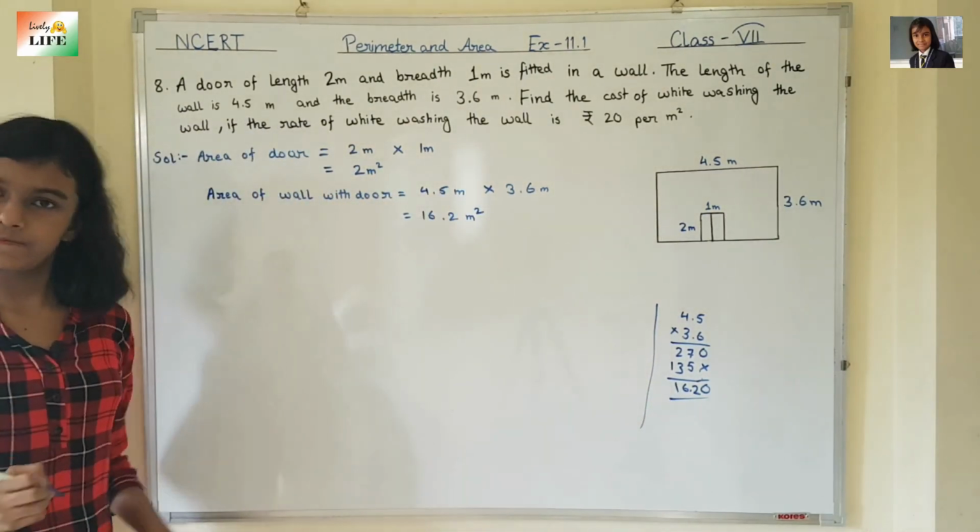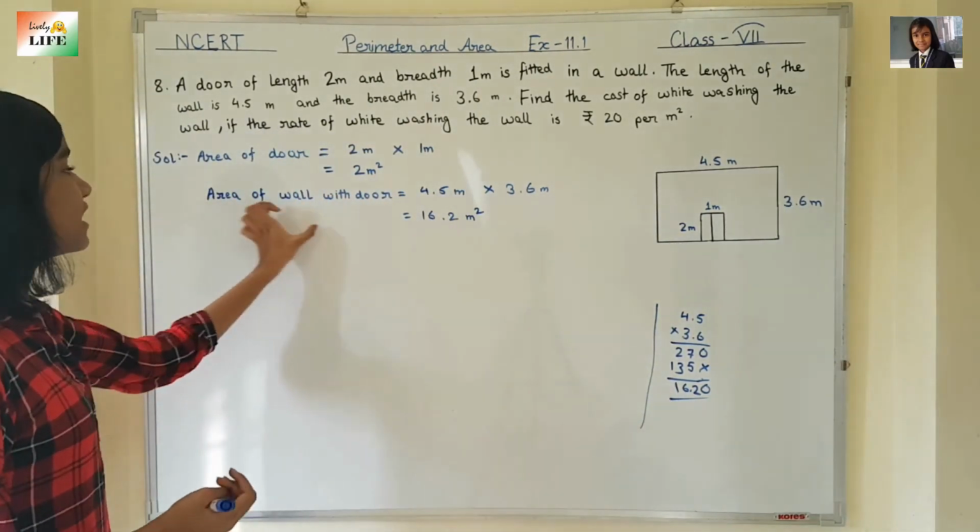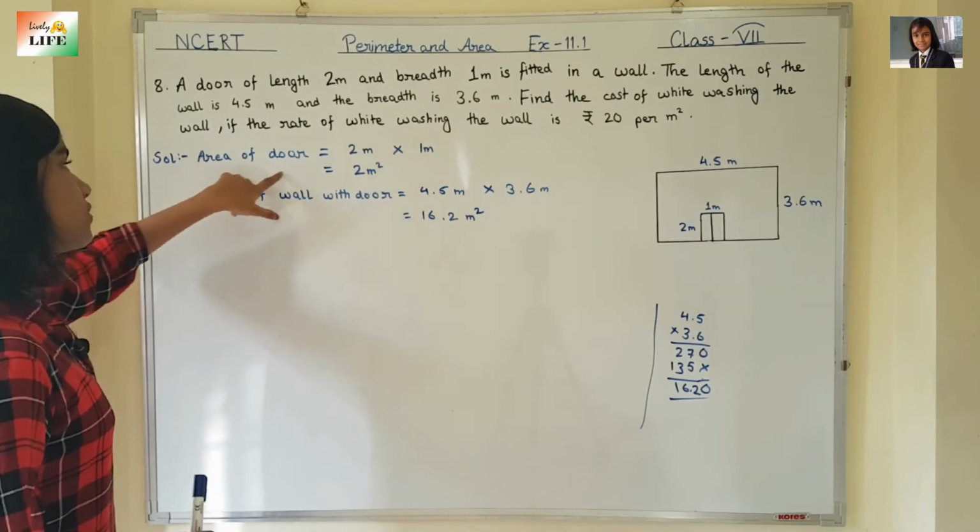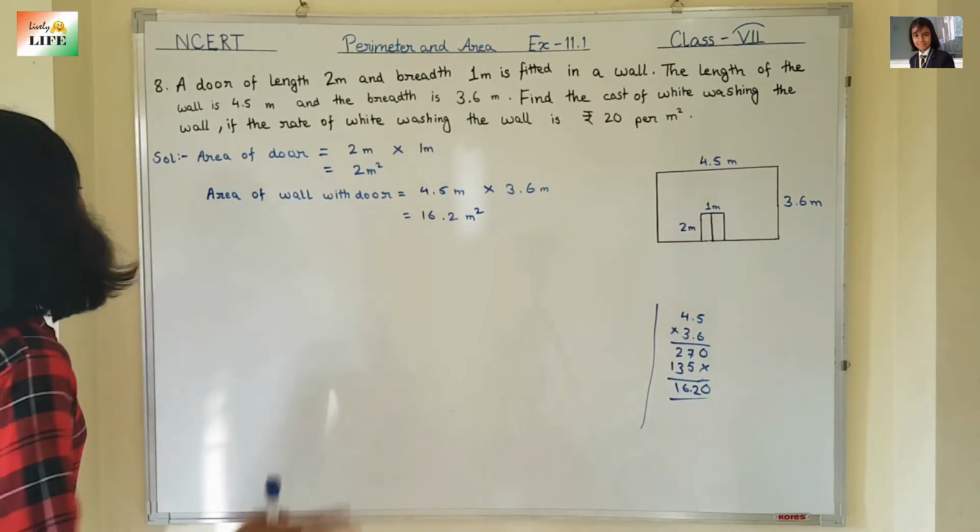It is area, meter square. So this is the area of wall with door. And we have also found out area of door is 2 meters square.